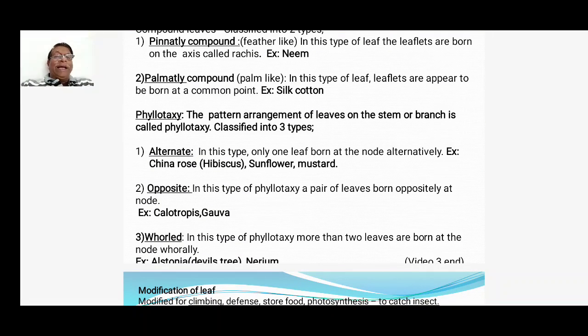What is phyllotaxy? A pattern of arrangement of leaves on the stem or branches is called phyllotaxy. It means the mode of arrangement of leaves.